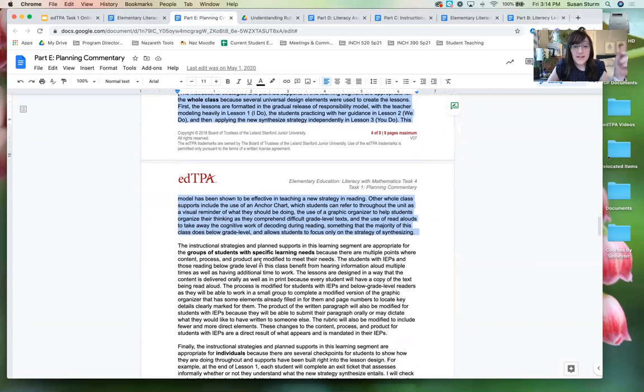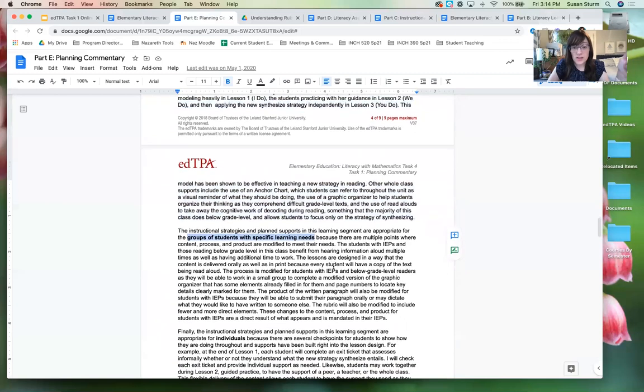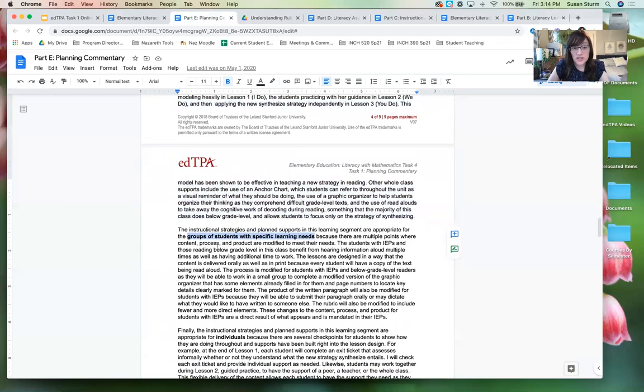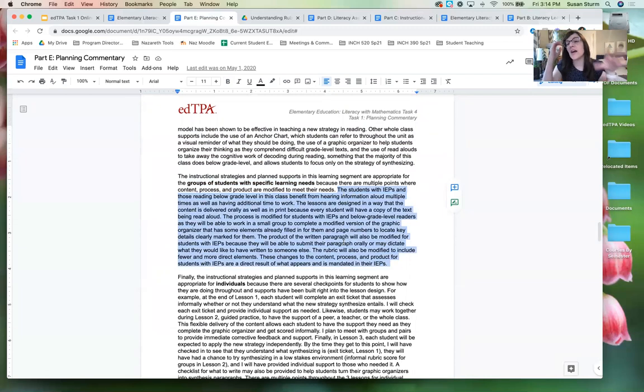Okay, next is talking about the groups of students who have specific learning needs. So, because there are multiple points where content, process, and product were modified to meet the needs, this is where students with IEPs are being addressed, because this person had, I think, 4 students with IEPs in the class and they all had similar needs.